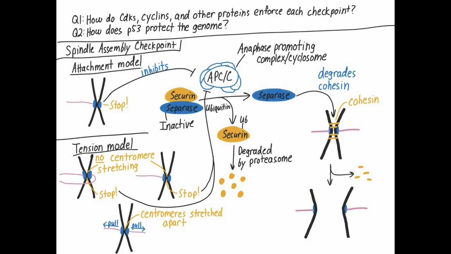What I have shown you is simplified in terms of how the checkpoints are enforced. Also, much about checkpoint enforcement remains unknown, but given the importance of cell cycle regulation in cancer development, I expect that we will continue to gain knowledge about this subject.